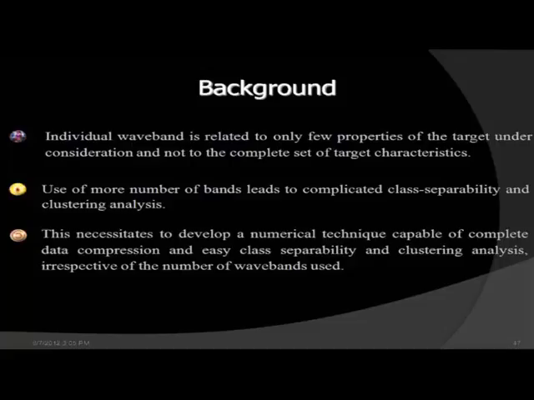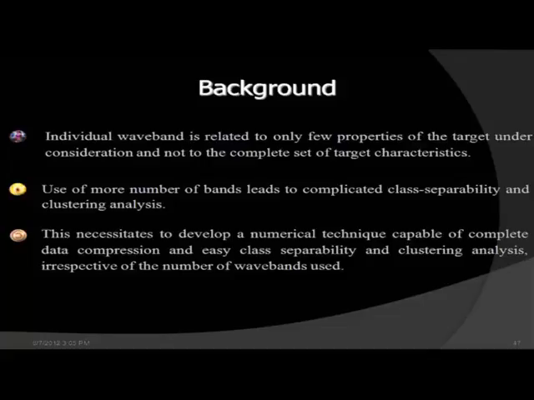But if you want to go for a complete analysis of a target, one has to consider the whole spectra. That's why use of more number of bands leads to complicated class separability and clustering analysis. One problem was, if you have a single band, you have little information. If you have more number of bands, there is more complicated class separability or clustering analysis.